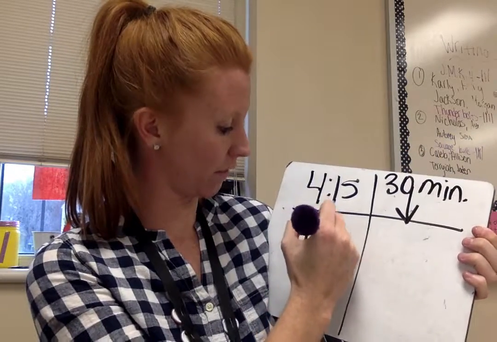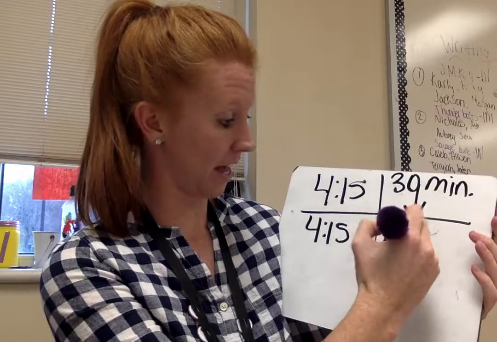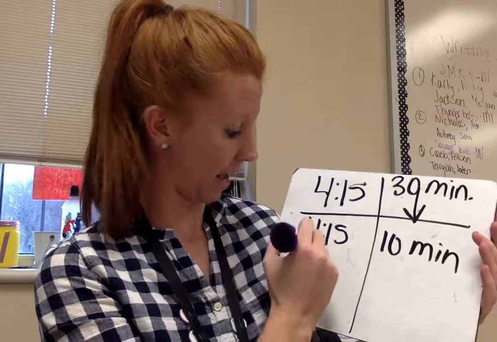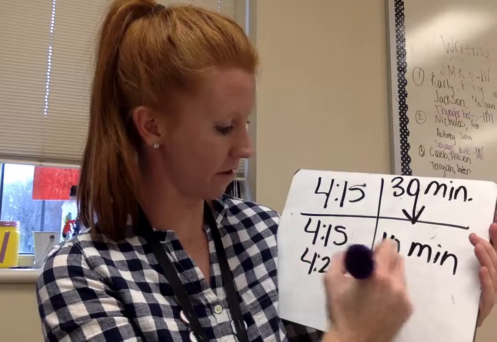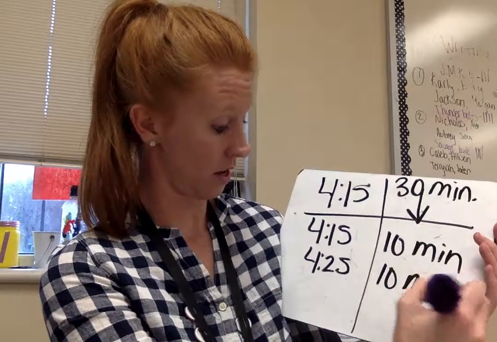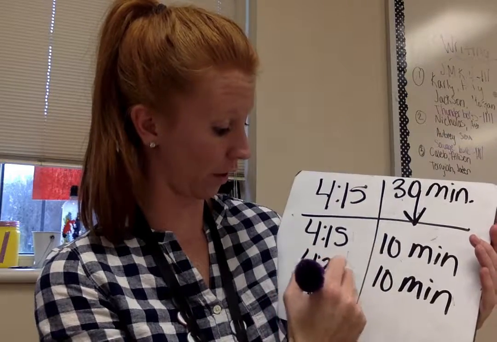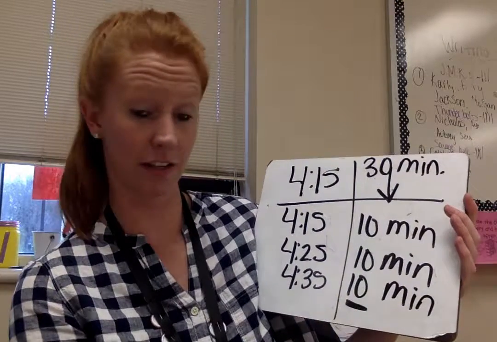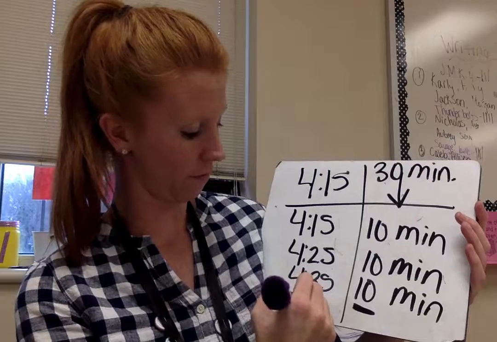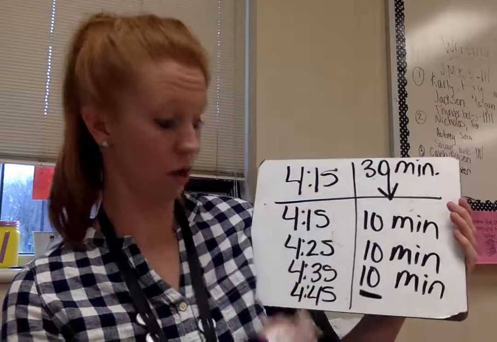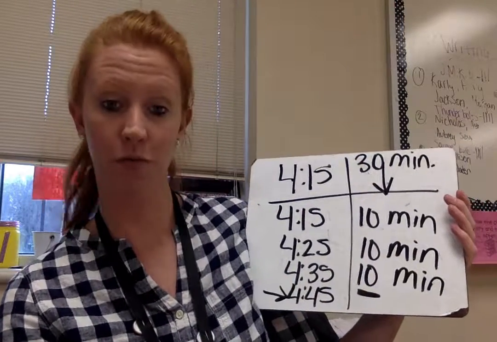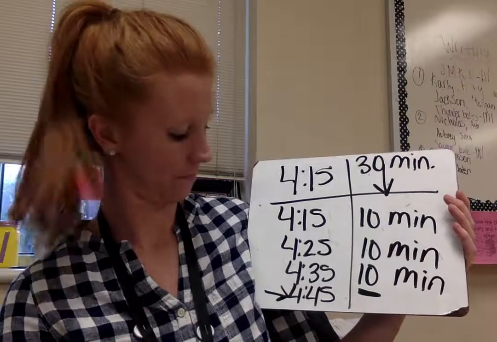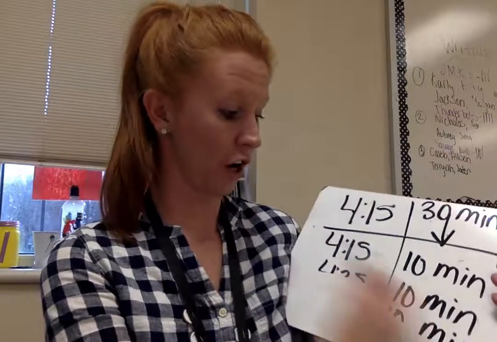So 4:15, I can jump 10 minutes and I have 4:25, another 10 minutes and I get to 4:35, another 10 minutes, because I know there's 3 tens in 30, 4:45. What time does he hit the home run? 4:45. Star if you got it right.